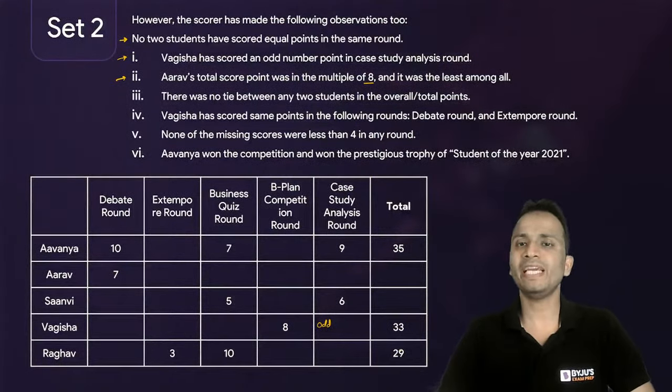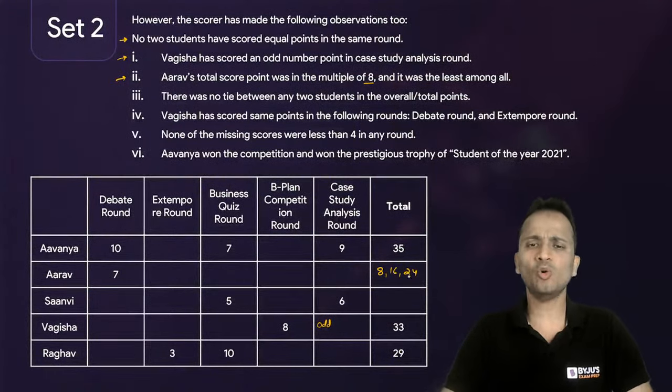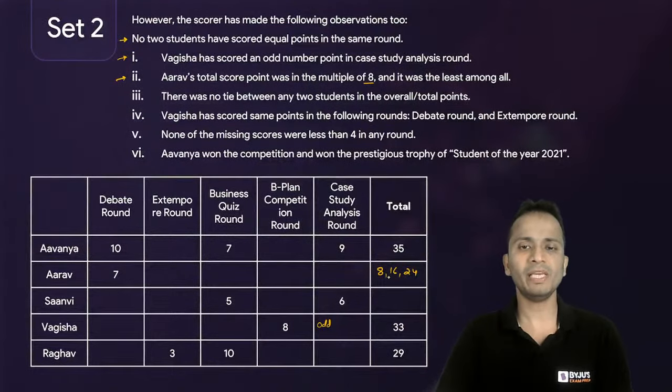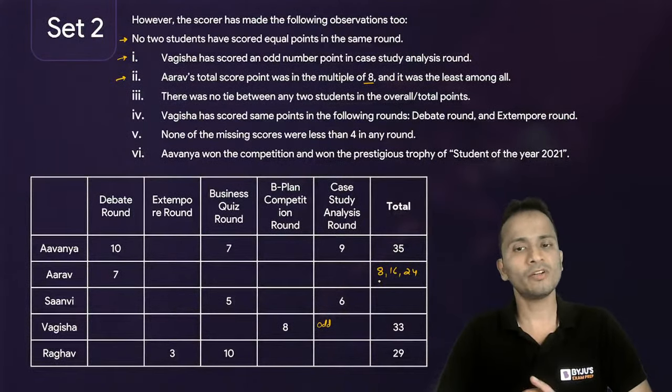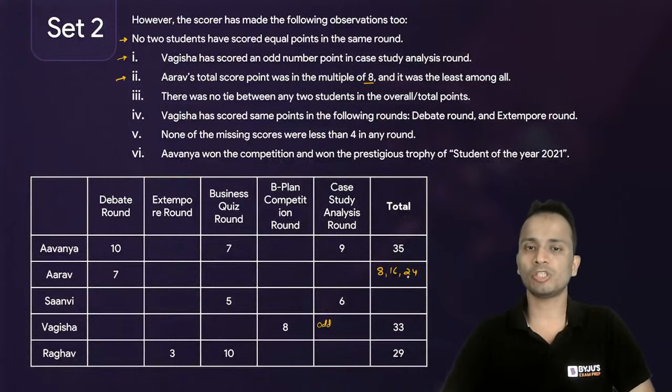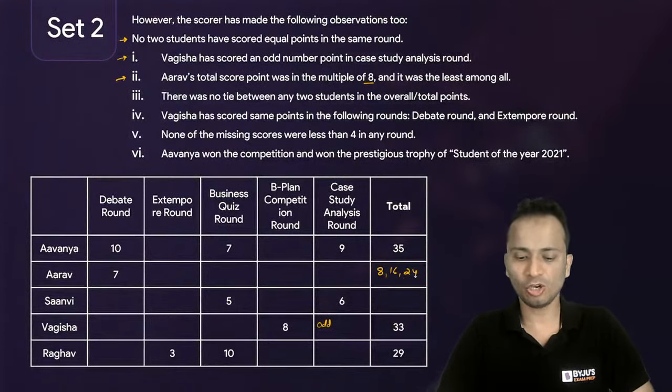So multiples of 8 less than 29 are 8, 16 and 24. These are the only three multiples. So can you tell me out of the three scores, what is the possible total score for Arnav? 8, 16 and 24. These are the multiples of 8 below 29. So out of these three, which one is the possible score? 8, 16 or 24?